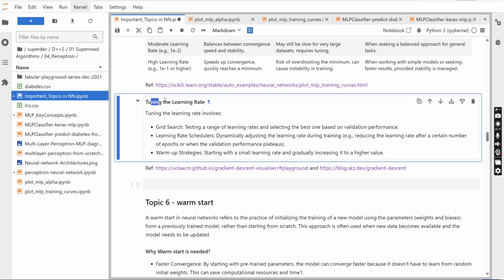Now how do you tune it? How do you find out which is the right learning rate? For that you can do grid search. Again, we'll talk about grid search in depth when we do the feature engineering class that I will take separately for you. In that we will learn various concepts of feature engineering.